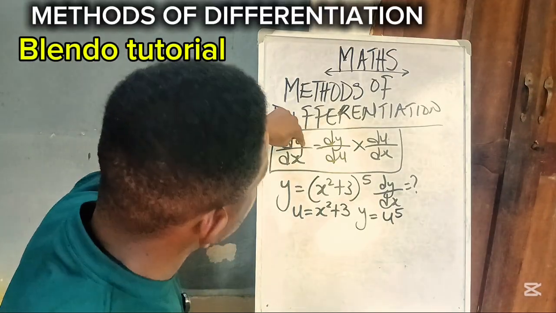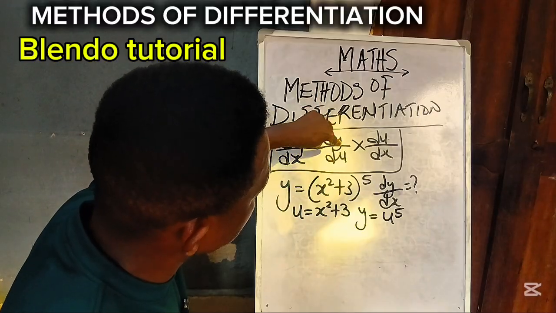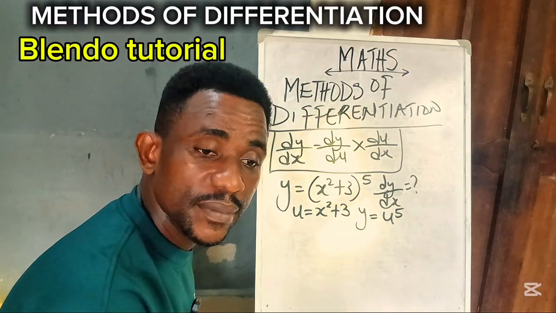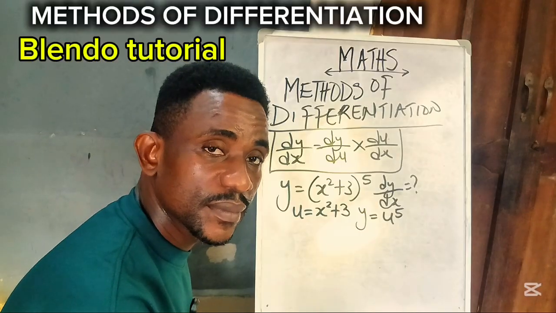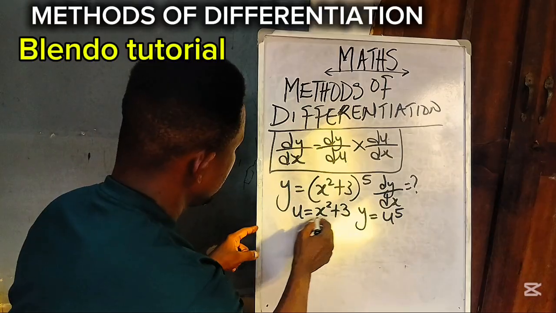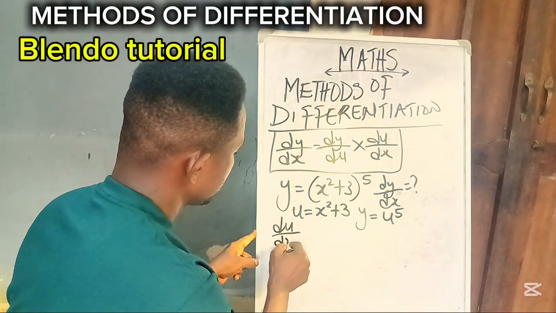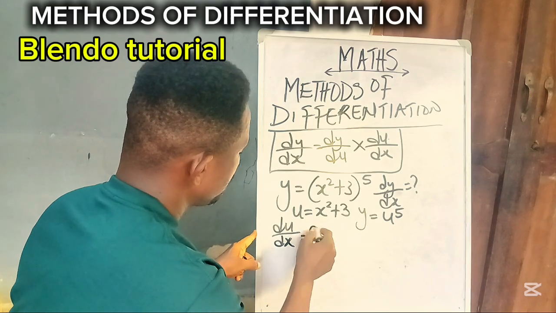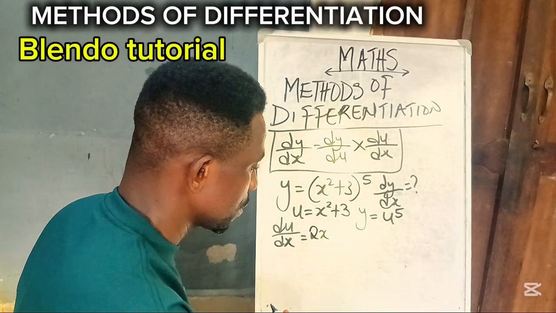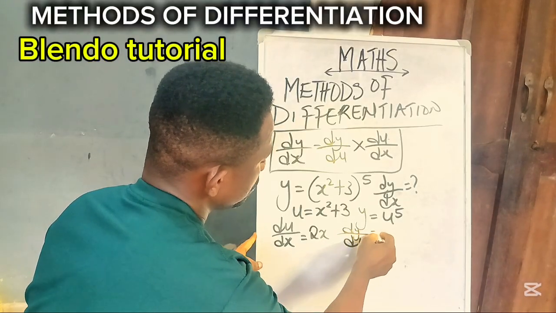Again, from chain rule, we have dy dx is equal to dy du times du dx. So from here, we can easily say differentiate u with respect to x. We have 2x. If you differentiate 3, we have 0, it's gone. Differentiate y with respect to u.